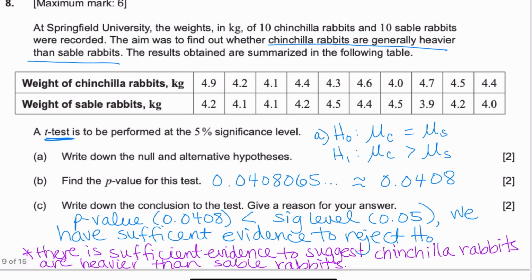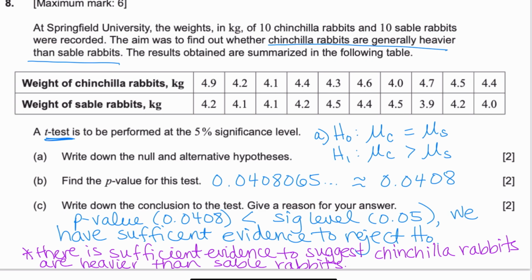You could also say that because the p-value of 0.0408 is less than your significance level of 0.05, there is sufficient evidence to suggest chinchilla rabbits are heavier than sable rabbits. Every once in a while, they're going to give you a hypothesis testing problem, whether it's chi-square, t-test, goodness of fit, and they're going to ask you to give your conclusion in context.